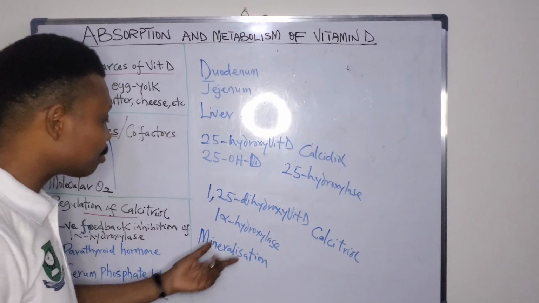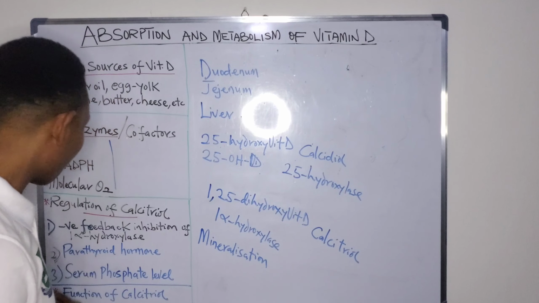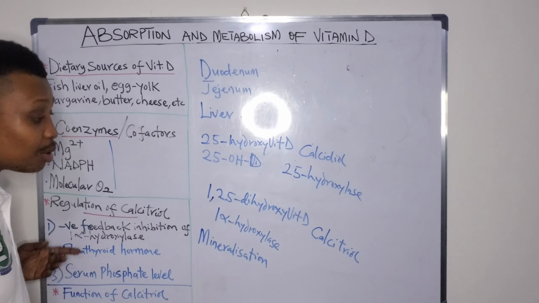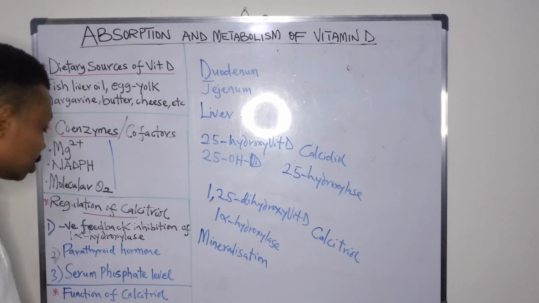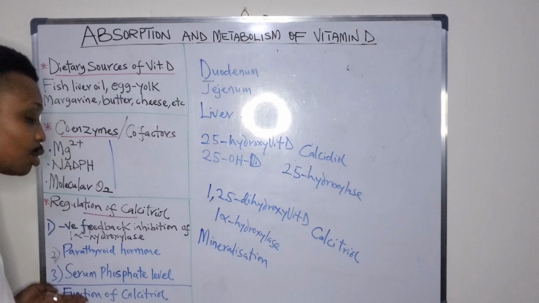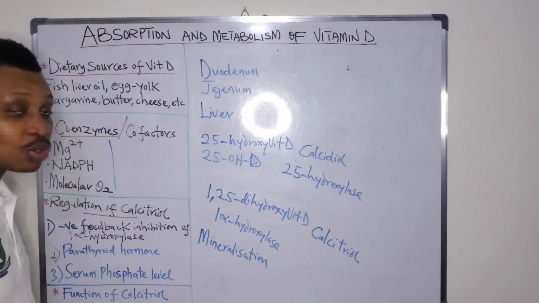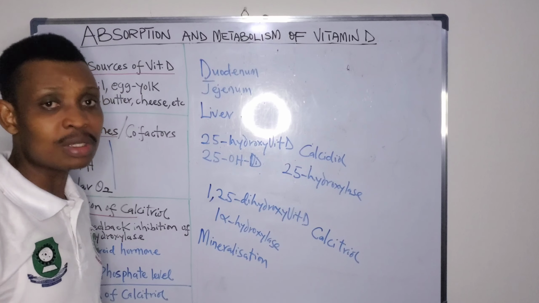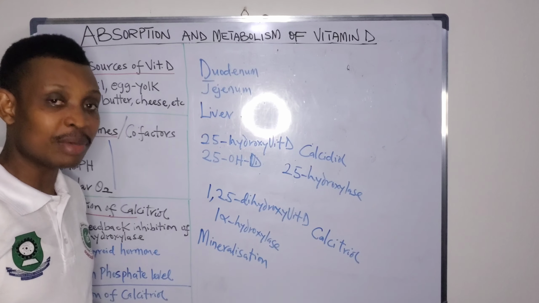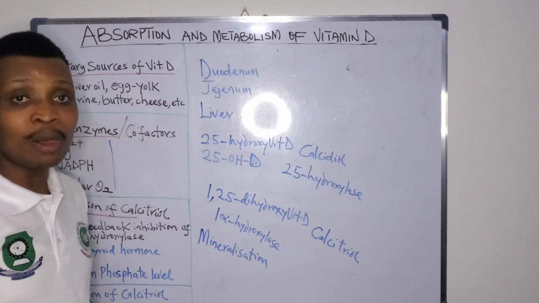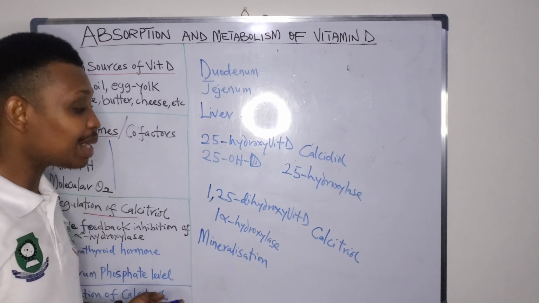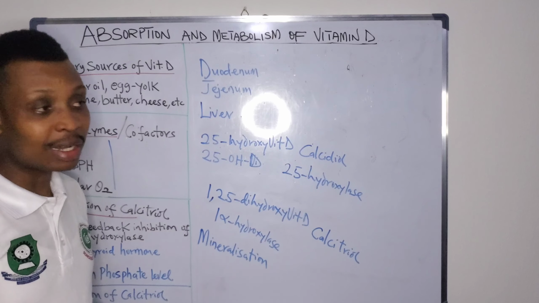To add to it, apart from the negative feedback inhibition, the presence of parathyroid hormone can also regulate the production of calcitriol. Also, the serum phosphate level can regulate the production of calcitriol. Of course, in a state of hypocalcemia, there is usually an upregulation or increased production of parathyroid hormone from the parathyroid gland.